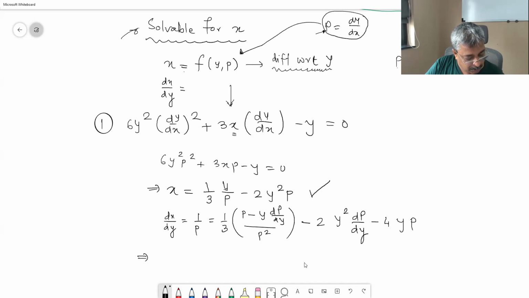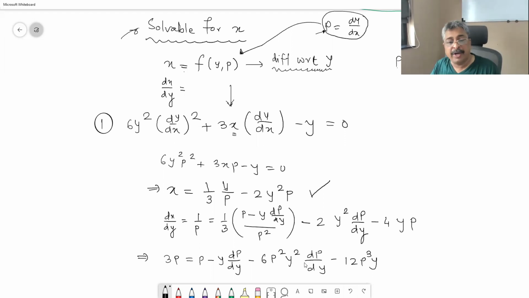Say for example, 3p is equal to p minus y dp by dy, minus 6p square y square dp by dy, minus 12p cube y. I will wait till you simplify everything and get to this particular equation.